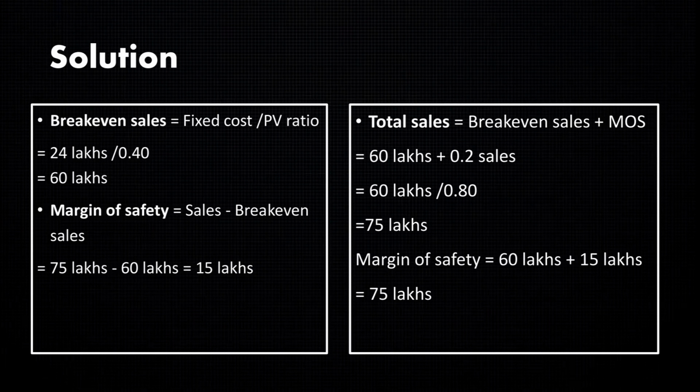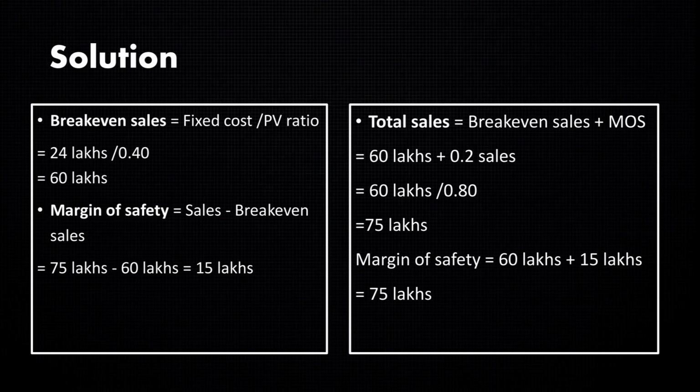In the second question, margin of safety, we can find by the formula sales minus break-even sales. Break-even sales is 60 lakhs from the first answer, and the sales is what we have to find out. In the third question, total sales is calculated as break-even sales plus margin of safety.